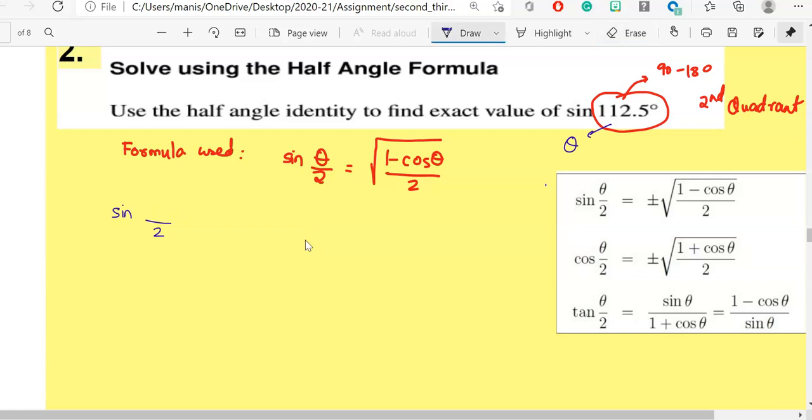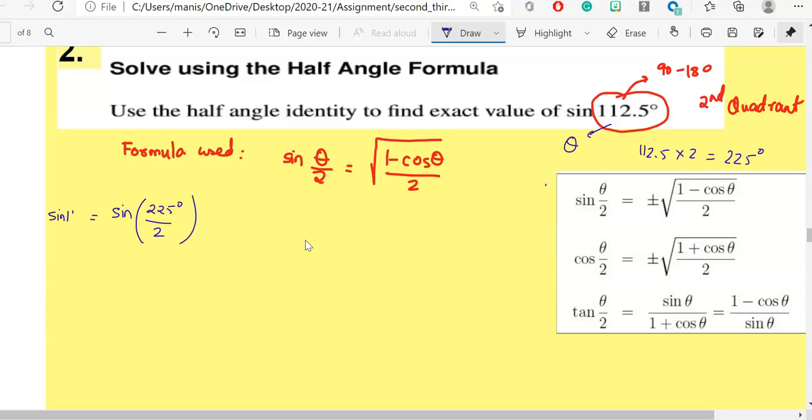Usually you take this number and multiply by 2. So when you multiply by 2, it is 225 degrees. So I'll write over here 225 degrees. Now if you pay attention, when I divide this, it ends up with the same number over here.